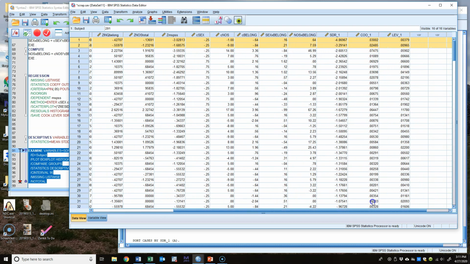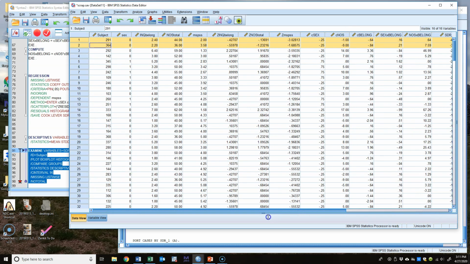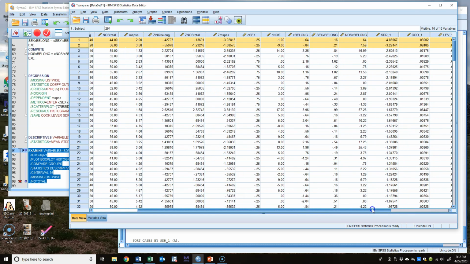In terms of high discrepancy values, this one is obvious. This one is kind of borderline, but there's a big gap between that value and the next smallest value. And so we probably want to identify case 291 and case 364 as associated with large negative studentized residuals.